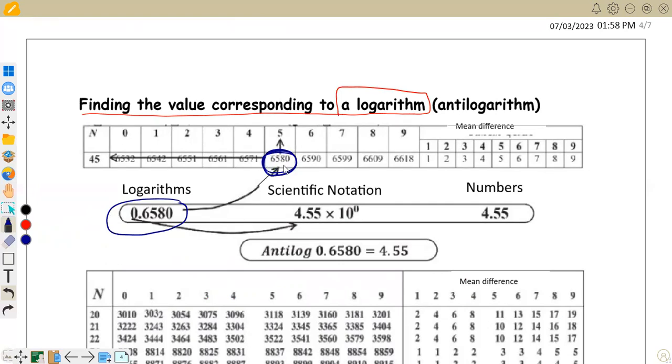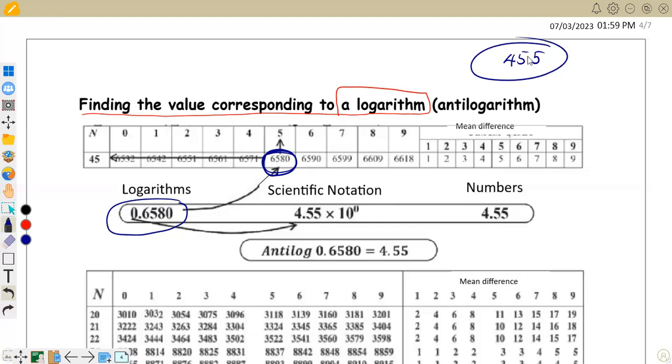particular values. Here look at where 6580 is located. It is located in the 45th row in the 5th column. So we write it as 45.5. Now you have obtained it as 455.